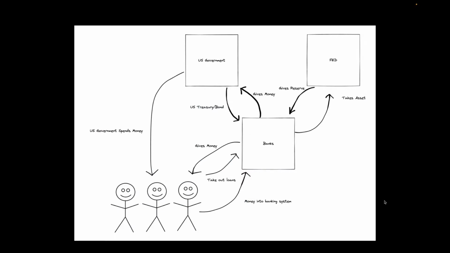And so, what is quantitative easing? Well, all quantitative easing is the same thing, except the Fed is taking other assets that aren't short-term securities. Today, as a response to COVID and before that, the financial crisis, they were taking mortgage-backed securities from the banks and swapping that for reserves.